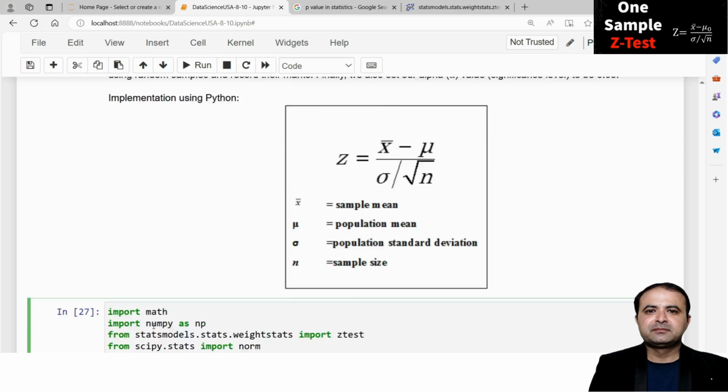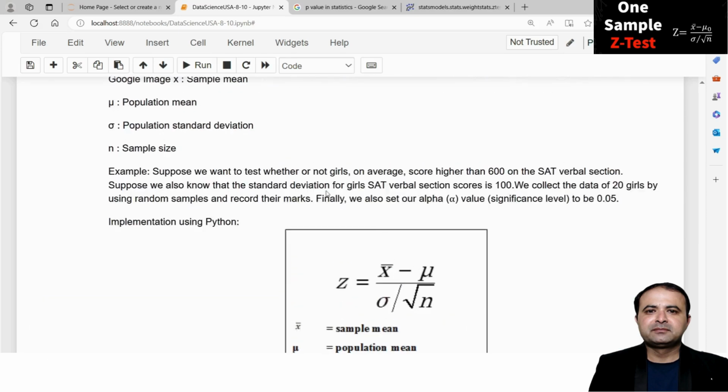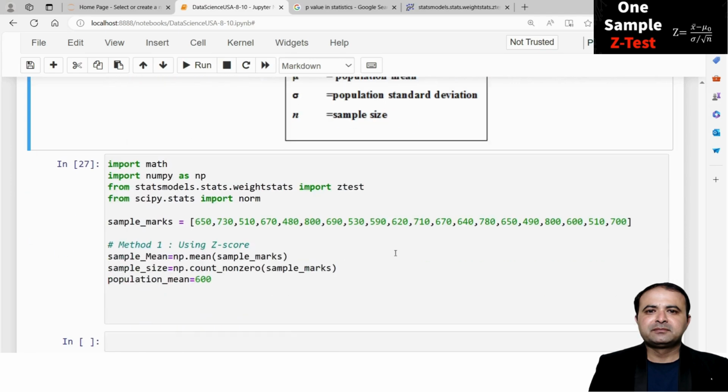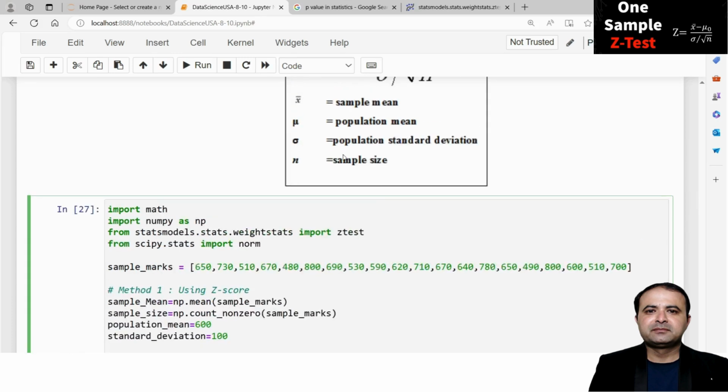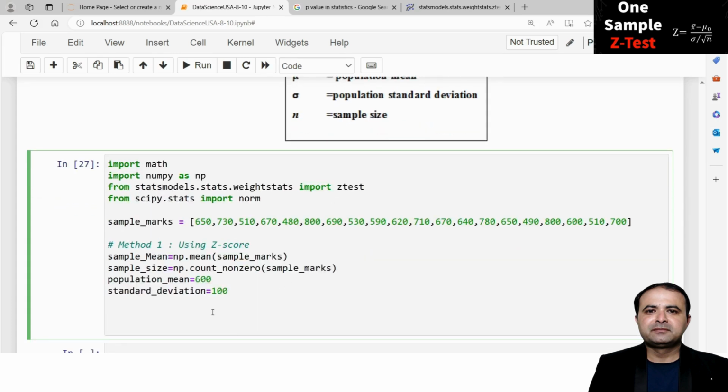And the standard deviation is already given as 100. So the four things are already given. Now I can apply it manually. You can see there is so much effort required to first find these out.